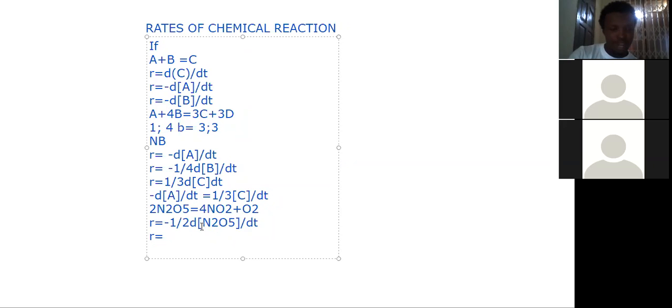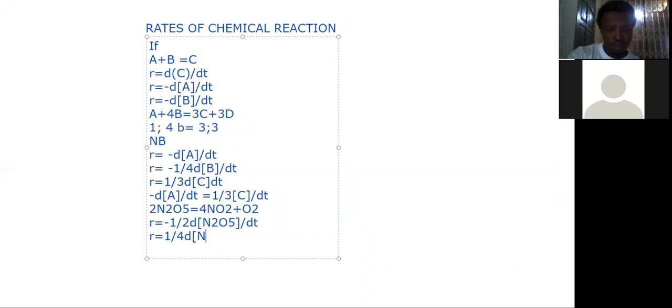Let's pick the nitrogen dioxide, that will be 1 over 4, positive, d[NO2]/dt. We can also equate it to the second one, which is oxygen, d[O2]/dt. That is the rate of reaction. So we can write any of them, according to the question.